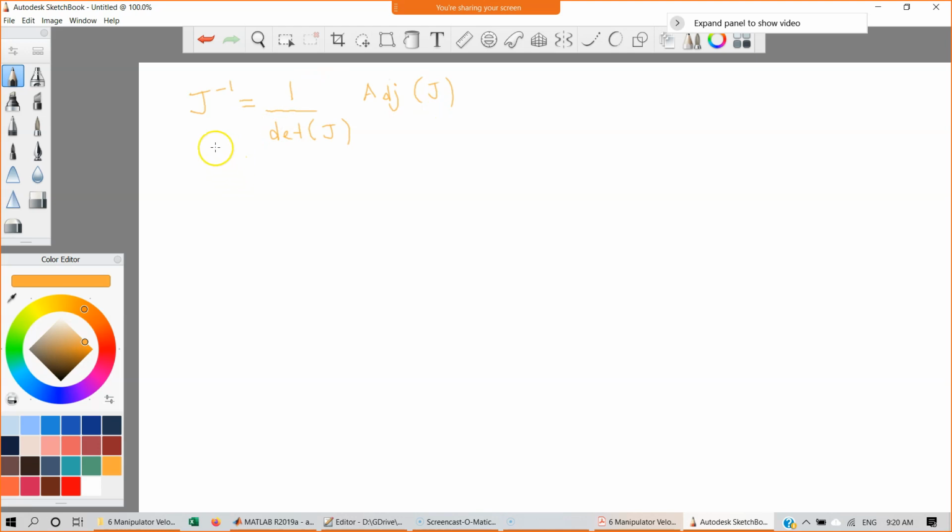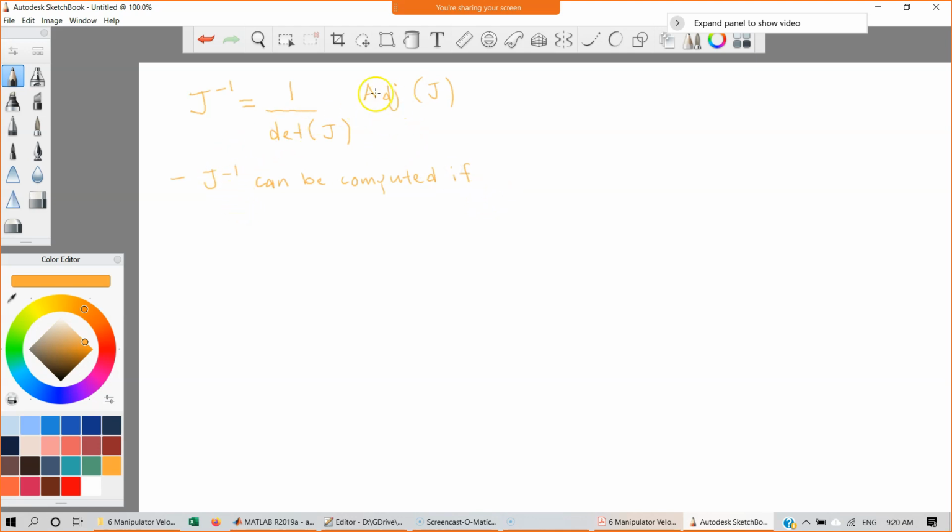So from here, if I give you a condition, J inverse can be computed if what?